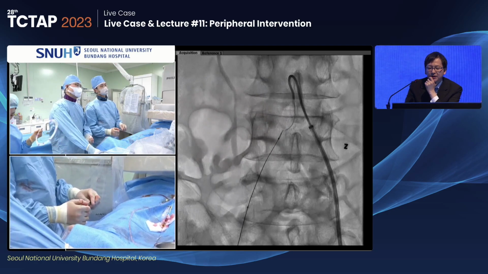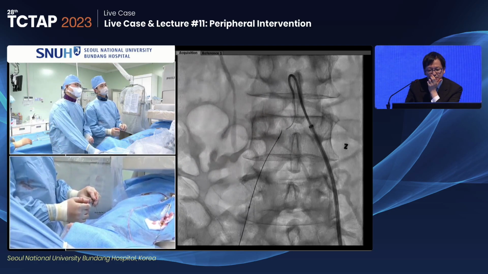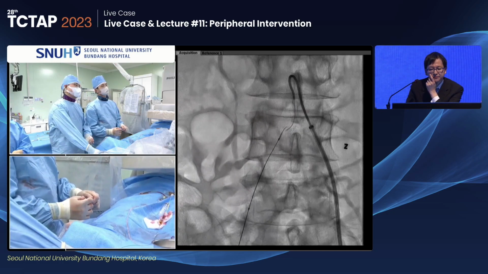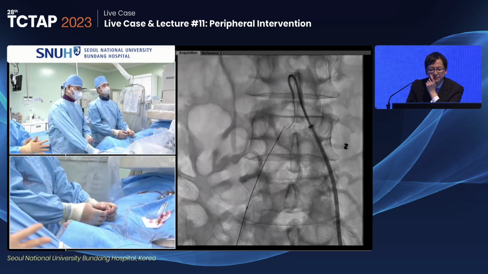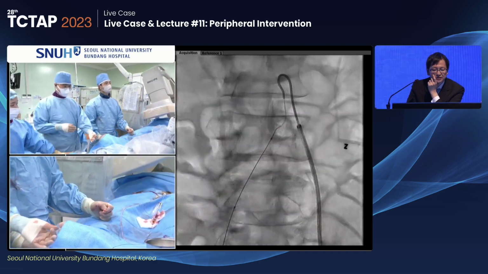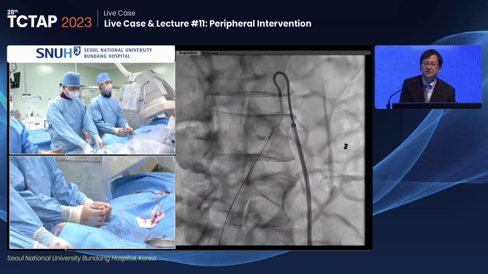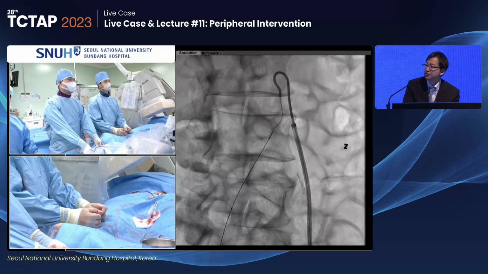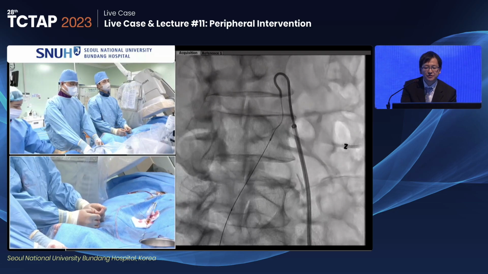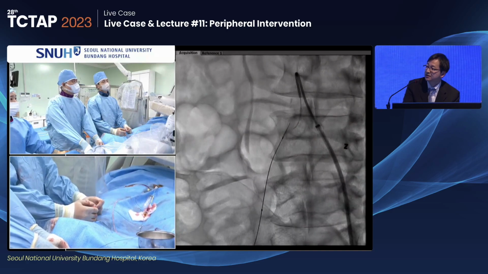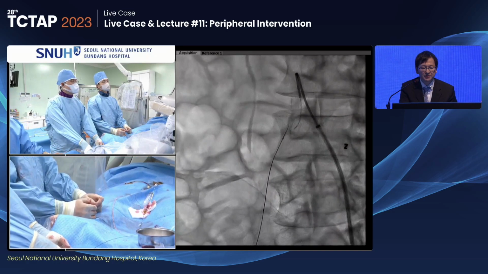Maybe the retrograde wire goes through the subintimal space, and we can confirm the wire location from the antegrade portion. Maybe the CTO wire easily passes through the subintimal space because you make a subintimal loop. That's why I strongly use IVUS to confirm the wire from the antegrade approach. This is a common situation in iliac revascularization.